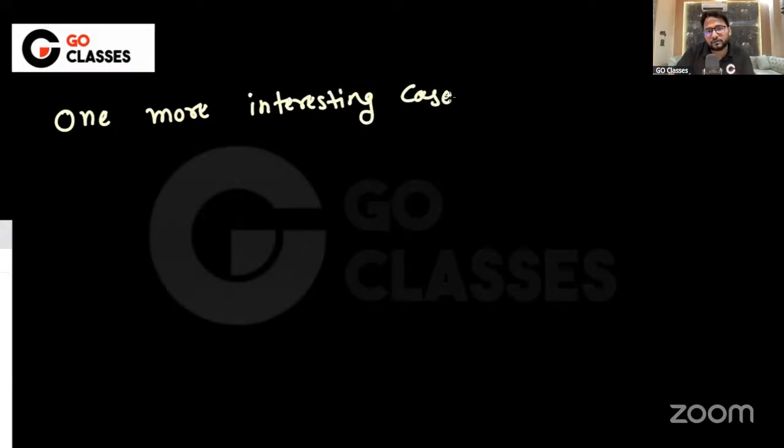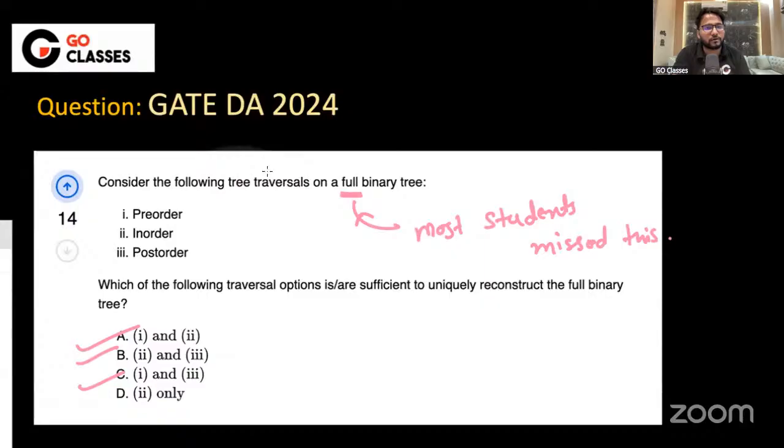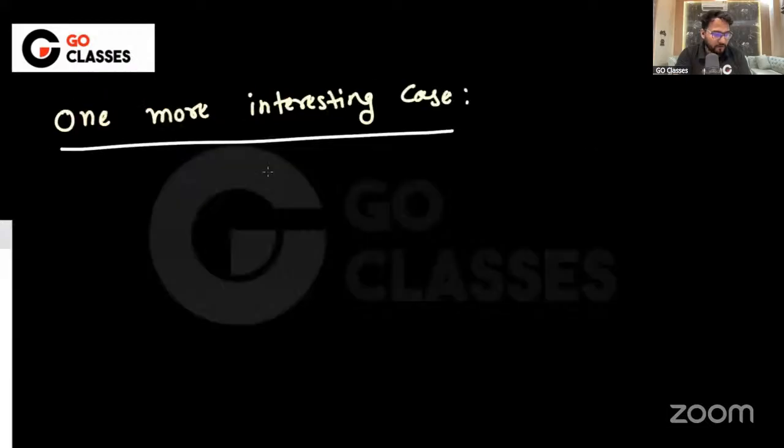All of these cases we have already told in our lectures; they were already present before GATE DA 2024. Yes, we will share the annotated notes of these lectures, don't worry. So, one more interesting case of complete binary tree.